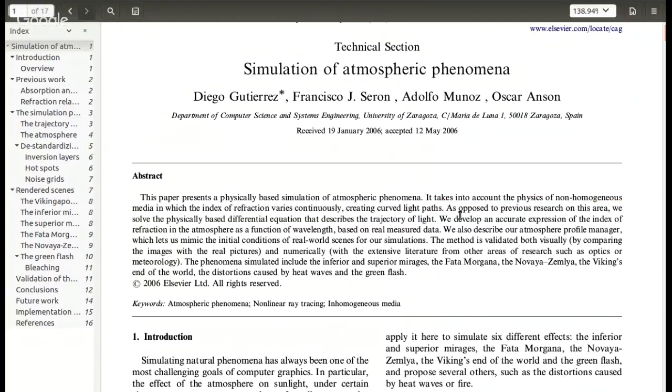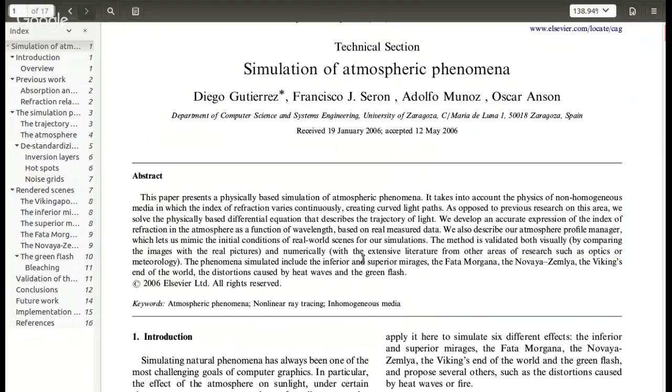They model the atmosphere very accurately using real world data, and they get atmospheric profiles very different from the one presented before. They're trying to understand the index of refraction near the surface of the Earth when you might have hot spots and inversion layers, and to see if they can model these different types of mirages.